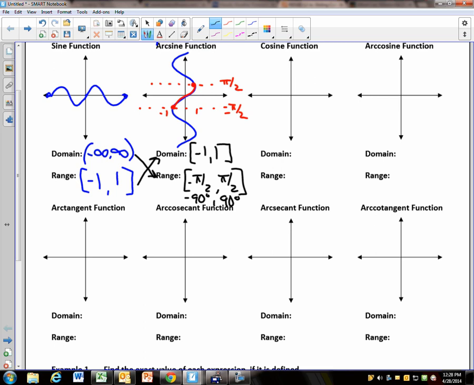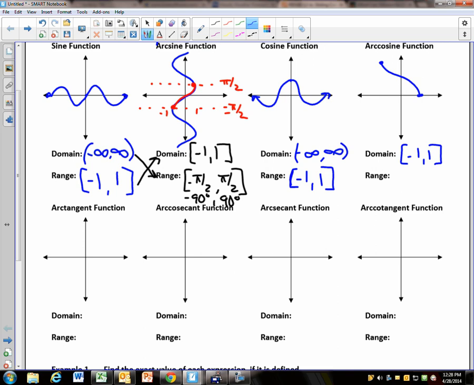Okay? The cosine function looks something like that. Domain, negative infinity, positive infinity, range, bracket, negative 1, positive 1, bracket. Well, for this function, when you look at the inverse, it looks like this. So when we reflect it and restrict it, that's the shape you get.